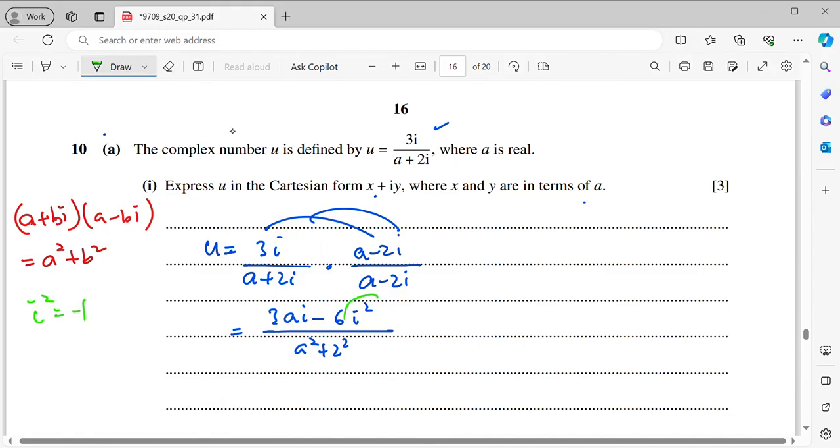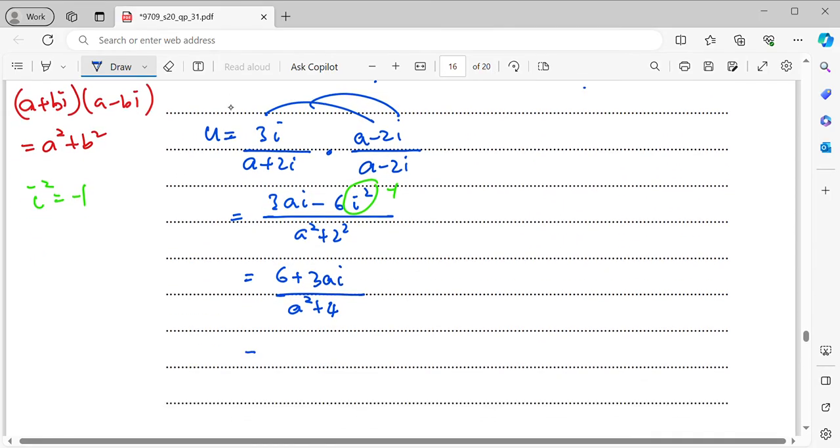When I simplify, I will be getting 6 plus 3ai over a squared plus 4. Now I split it into two terms, the real and imaginary parts, which is 6 over a squared plus 4 plus 3a over a squared plus 4 times i. So that's the solution of this question.